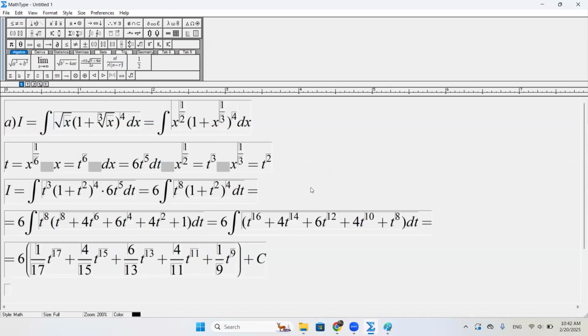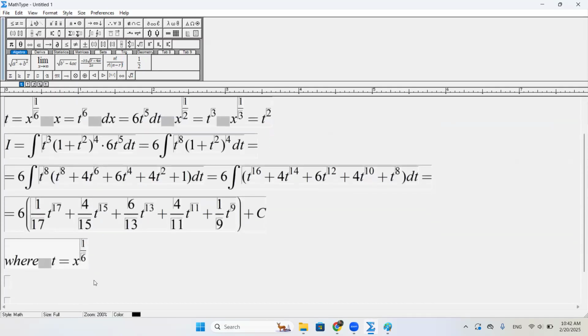So how to solve this problem? What else can we do? Instead of returning to the old variable, we can just write like this, where t equals x in power of 1 over 6. I guess you like it more than returning to old variables. Of course.